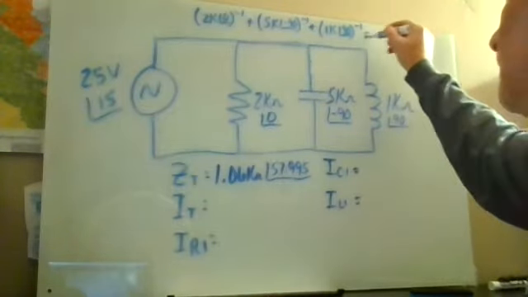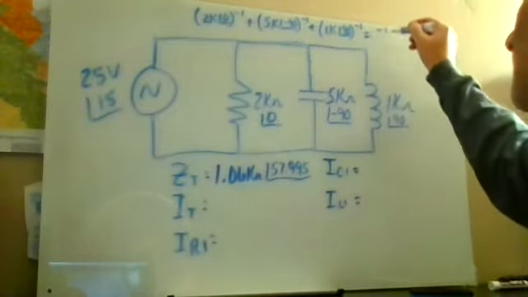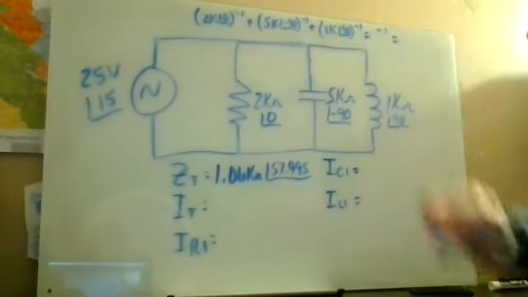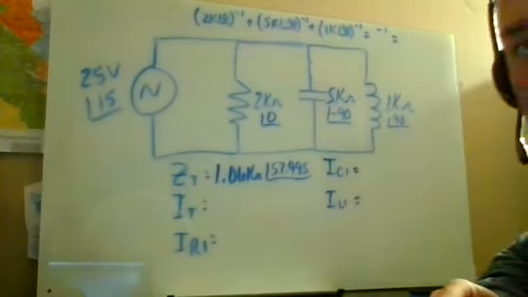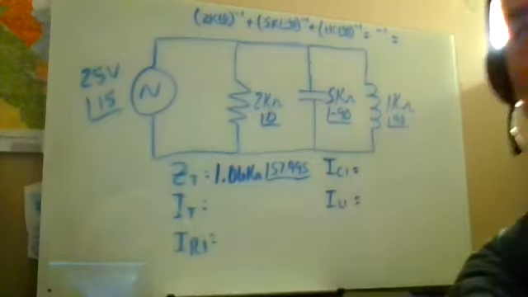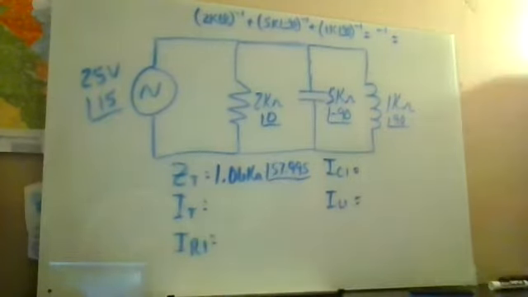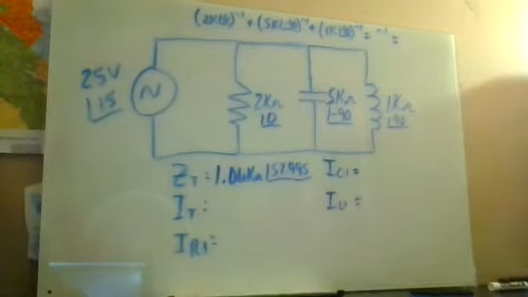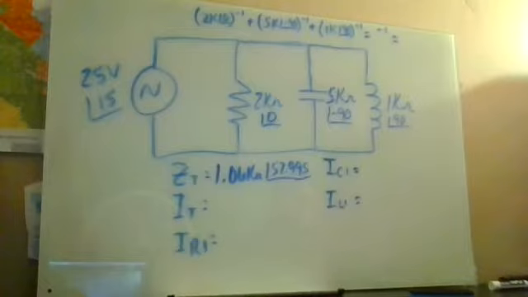Then I hit equals, then I hit shift reciprocal again, and then hit equals, and I should get my answer. If you forget to put them in parentheses, it will only shift reciprocal the angle, and then you will get the wrong answer.